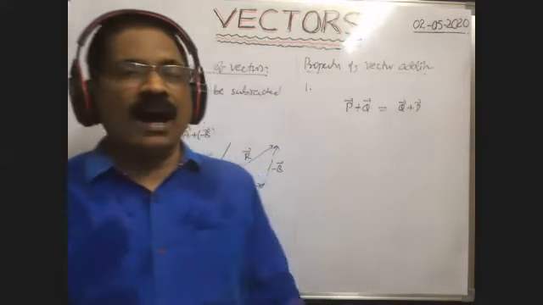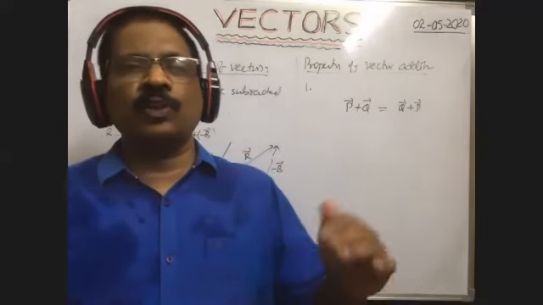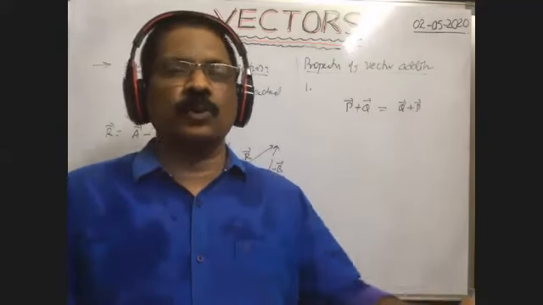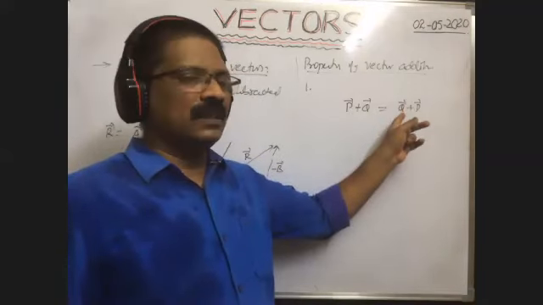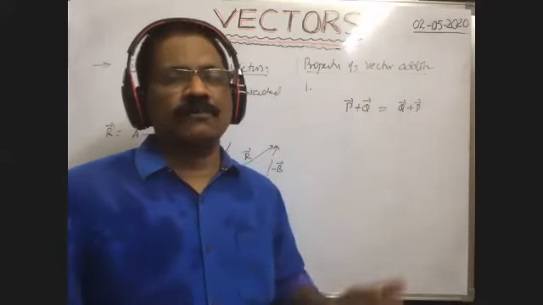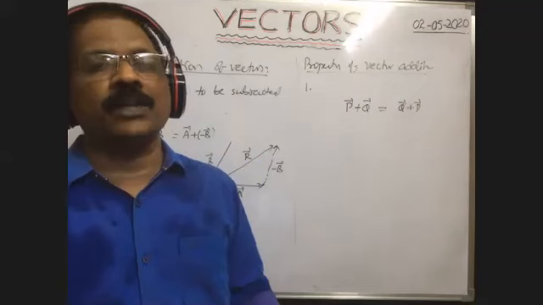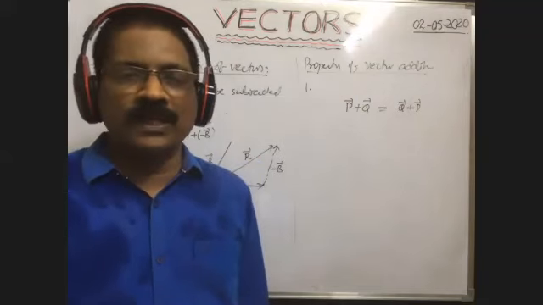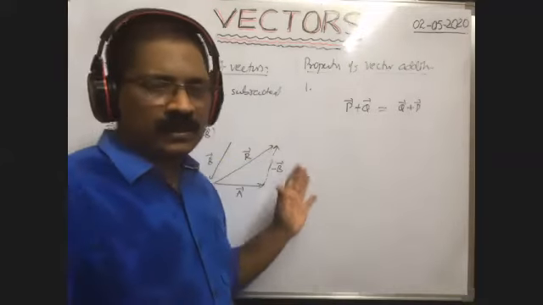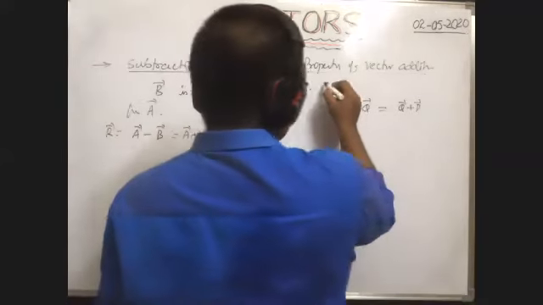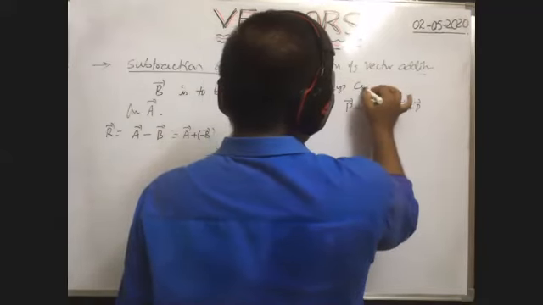That means the order of addition does not change the resultant vector. Even if you change the order of the addition, it makes no difference. That is called the commutative law. So vector addition obeys the commutative law. This is also in the syllabus for tomorrow's exam.